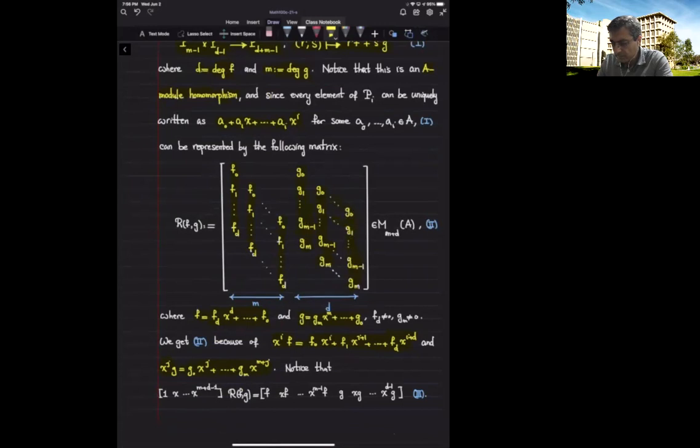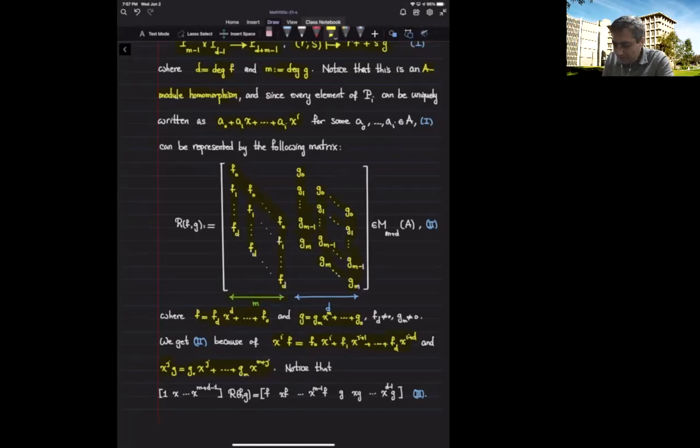Now notice that in this block, I have m columns, and in the next one, I have d of these. So this means this is at position m plus 1, m plus 1.